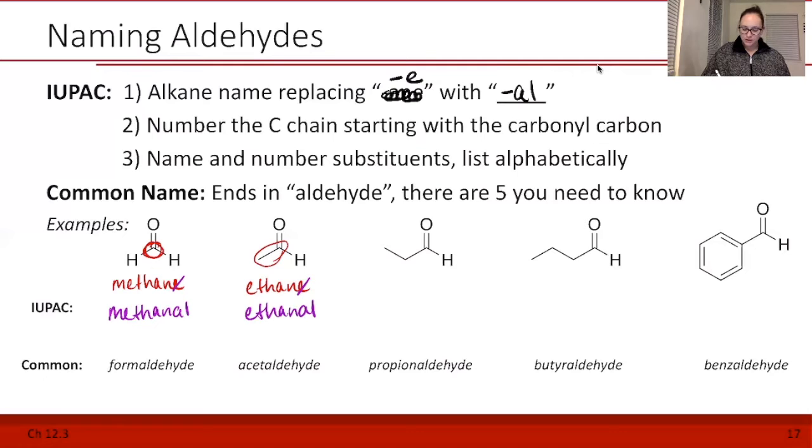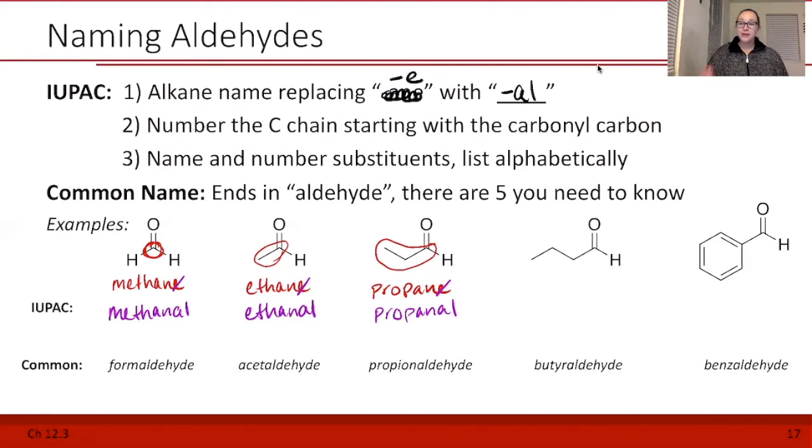Now we have 3 carbons. Actually, we don't have to number because the aldehyde has to be on the end, right? So propane would be the parent chain, but we're going to drop the E and have propanal as the name for IUPAC.